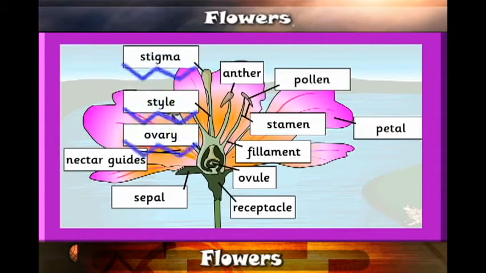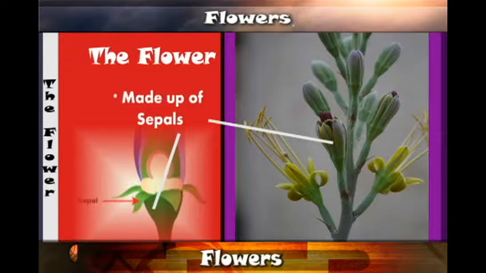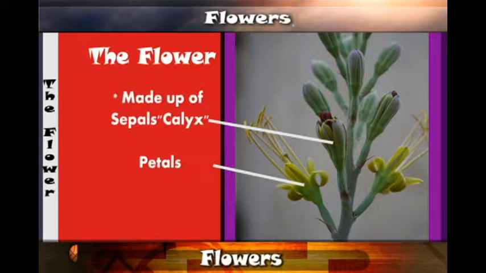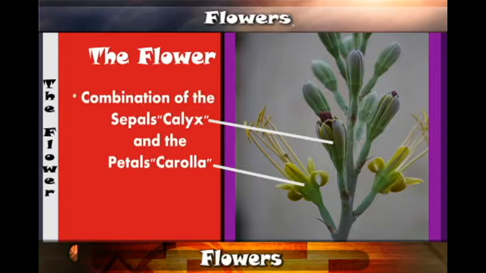And you find that the sepals, which form the calyx, and the petals that form the corolla, if we have a combination of the sepal and the petals, then that one is what we refer to as a perianth. If you're talking about a perianth, it means that you're talking about the sepals and the petals.